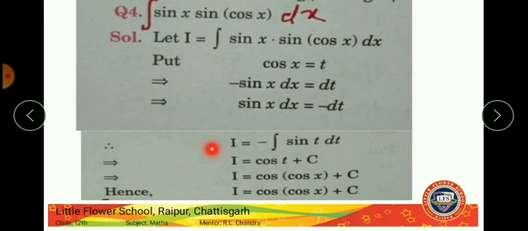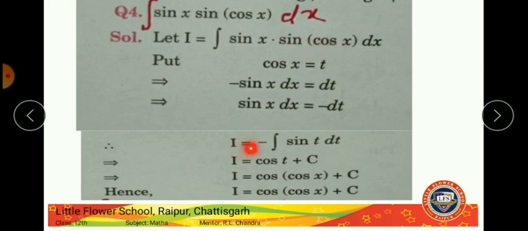Then it can be written as I is equal to minus the integral of sin t dt, where we substitute sin x dx as minus dt, and since we have considered cos x equal to t, sin(cos x) will be sin t.